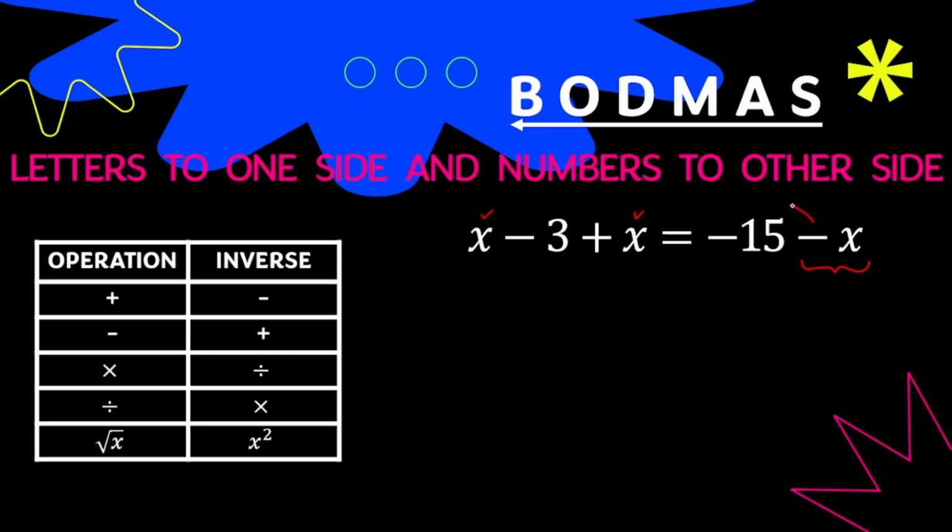If I move this over to this side, it's minusing on the one side, so on the other side it's going to add. And the same thing with this 3. We're going to move it over to the side of the numbers, but when I move it over, it is subtracting on the one side, so it will add on the other side. So let's take a look. I've got this x still, plus the x that was already there. So these are those two x's there.